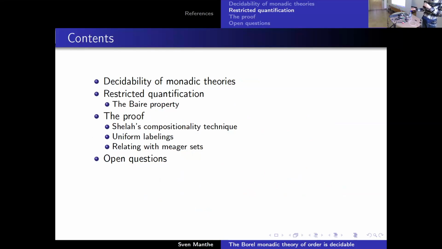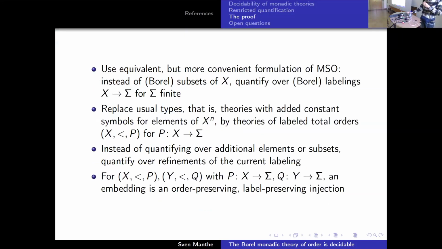And next, I would like to talk about the proof of the result. So throughout, I will use an equivalent formulation of MSO, which is more convenient for us to talk about our notions. We will not quantify over subsets, but over labelings of our domain with finitely many labels, which could be phrased as maps to a finite set.